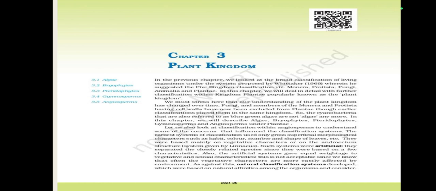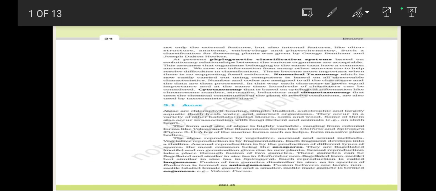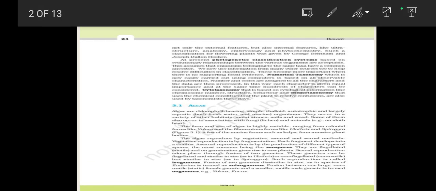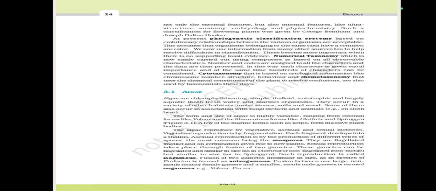As against these, natural classification systems were developed, which were based on natural affinities among the organisms and consider not only the external features but also internal features like ultrastructure, anatomy, embryology, and phytochemistry. Such a classification for flowering plants was given by George Bentham and Joseph Dalton Hooker.